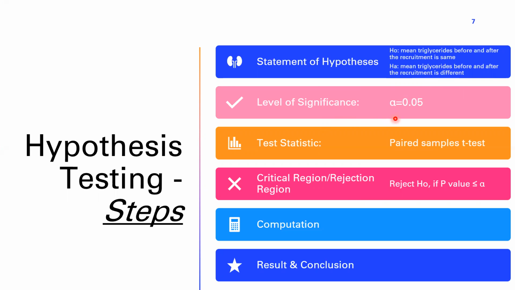The level of significance alpha is equal to 0.05 because it is not specifically defined in the question. The test strategy we will use is the paired sample t-test, and the rejection region is to reject the null hypothesis if the p-value is less than or equal to alpha. Then we will go to the computation, and then to the result and conclusion.